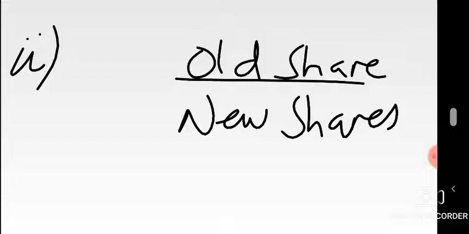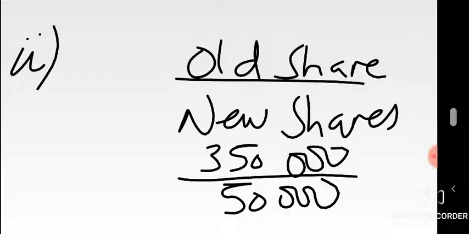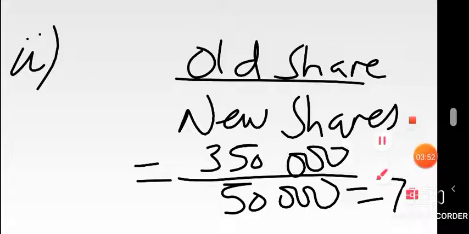Just know these terminologies that they use. So they're about 350, and the new shares they've stated are 50,000. The division of that will give you the number of rights needed to obtain one new share. That's what they asked. So the number of rights needed to obtain one new share is equal to 7. You add rights at the end of that number: 7 rights. That's all. Part 2, you're done.